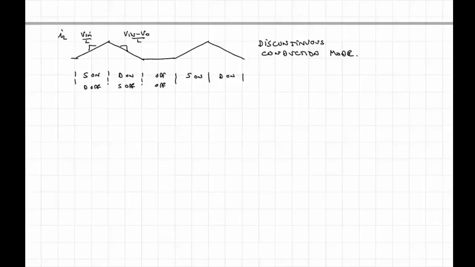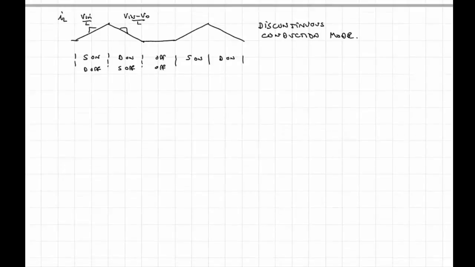In this lesson, I want to take you through the case as I described just above, where the current rises at a rate, it falls in general at a different rate, though the way I've drawn it, I picked this special case where the output voltage was twice the input voltage, and so you get this nice symmetry. But in general, it's Vn over L, and it's Vn minus Vo over L, and so this waveform may look skewed in some cases.